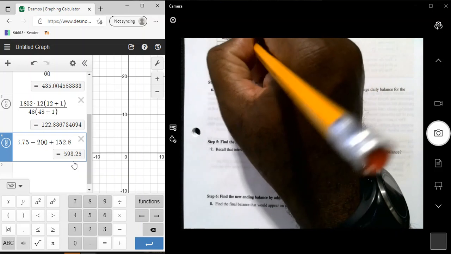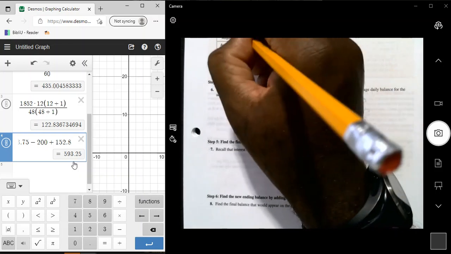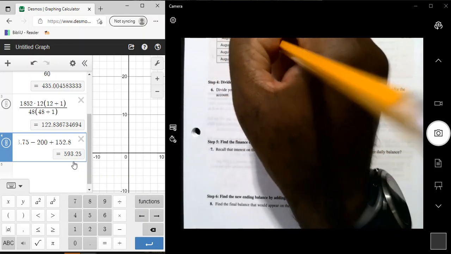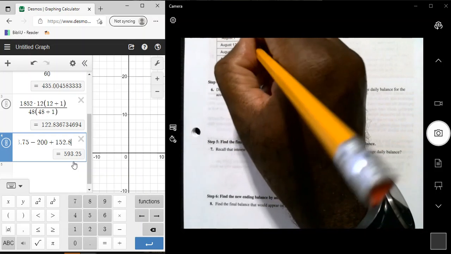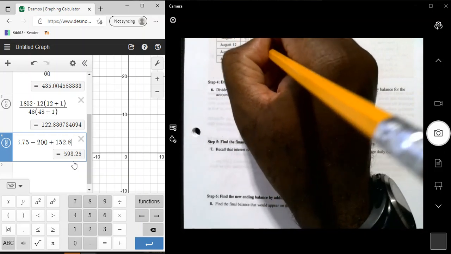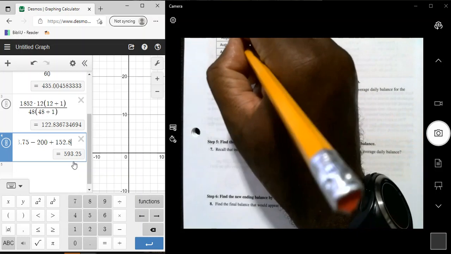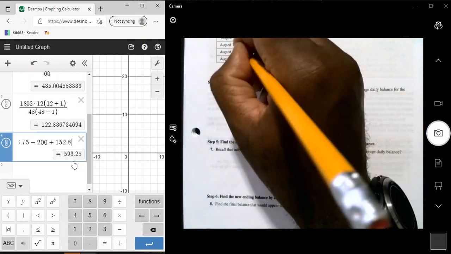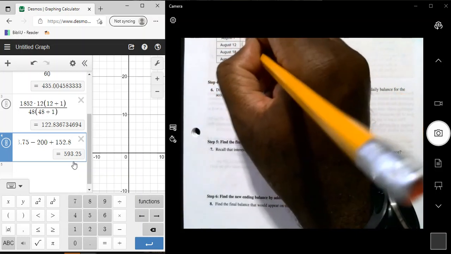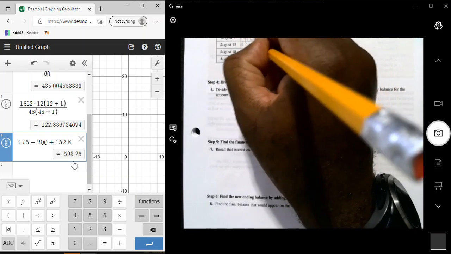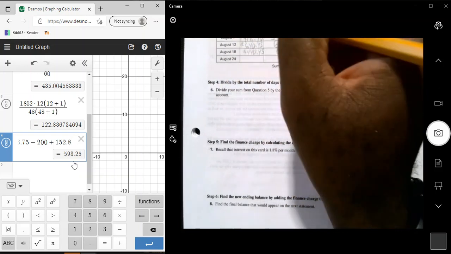We have 416.70, and that's 5 days. We have 640.45 for 6 days. Then we have $440.45 for 6 days.